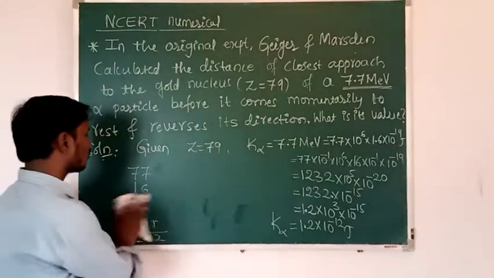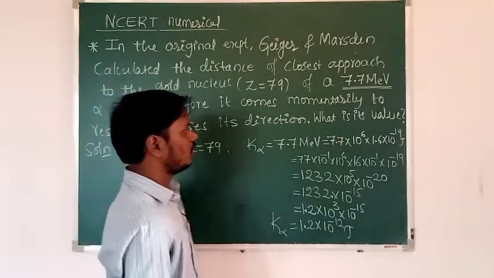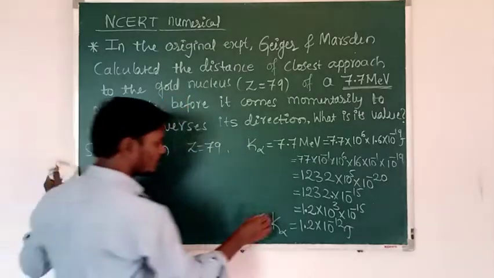Then what is our aim? Our aim is to find the distance of closest approach. What is the formula for the distance of closest approach?